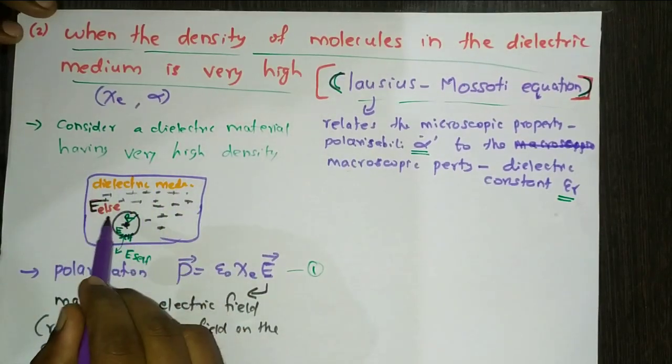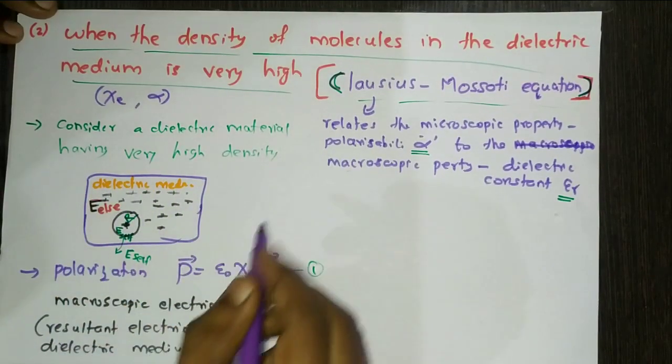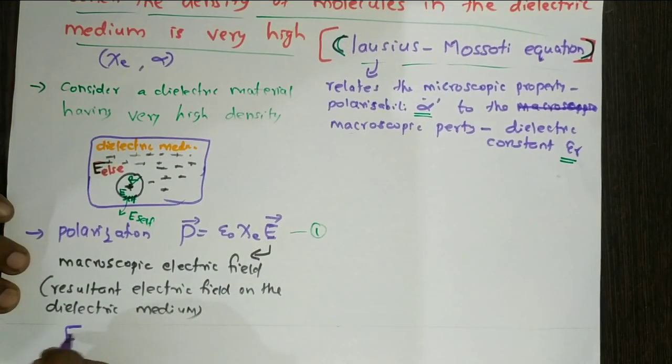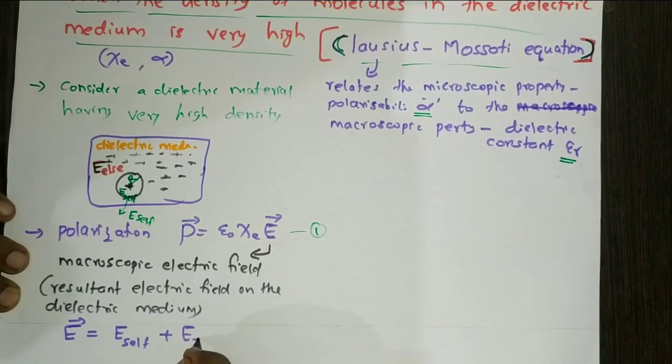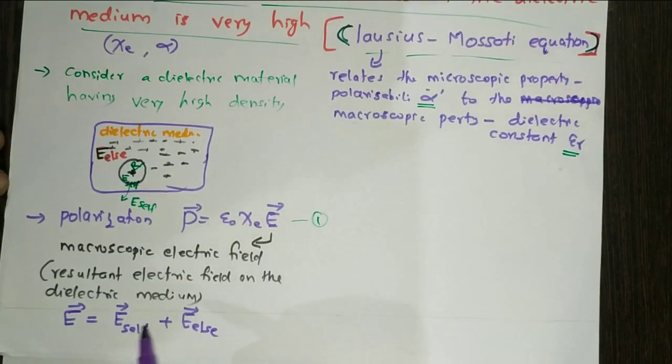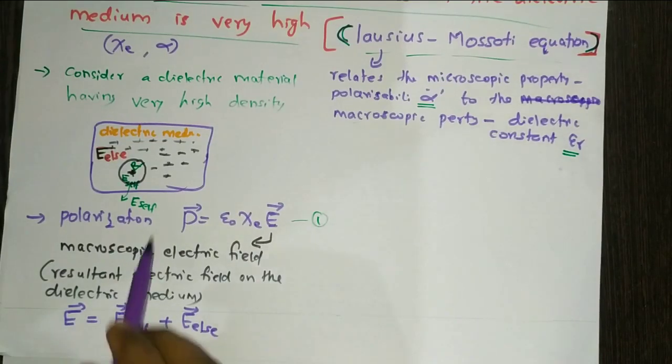Therefore, the resultant electric field I can write as E is equal to E self plus E else. This is the resultant electric field on the sphere.